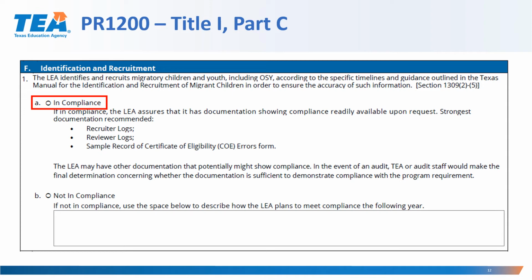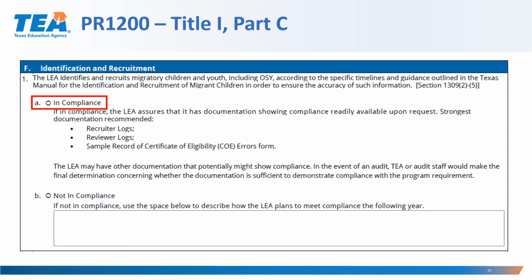Additionally, another really strong form of documentation that an LEA can provide is the ID&R action plan. A proper ID&R action plan will show that the district is making the needed preparations, is performing the activities throughout the year, and is also evaluating the effectiveness of its ID&R efforts.